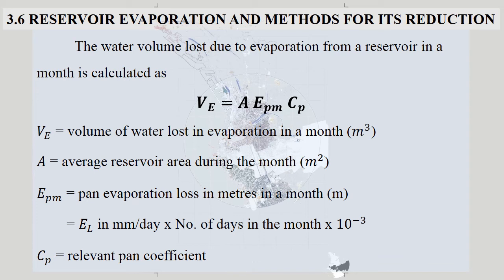A is the average reservoir area during the month, square meter. E_PM is the pan evaporation loss in meters in a month, or E_L in millimeter per day times the number of days in the month times 10 raised to negative 3, and C_P is the relevant pan coefficient.